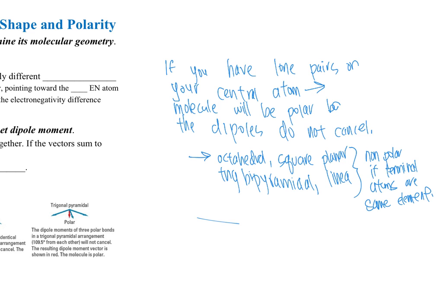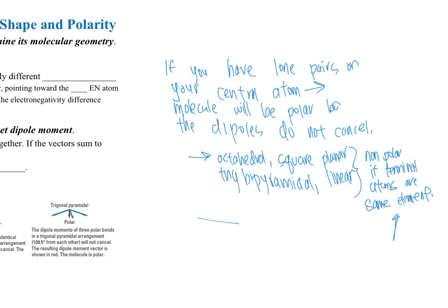And that's the case for all molecules that have no lone pairs. They're going to be nonpolar only if the atoms are the same element. So that's kind of the gist. If you have lone pairs on your central atom, they'll be polar unless they're octahedral, square planar, or linear, and those terminal atoms are the same, then they'll be nonpolar.